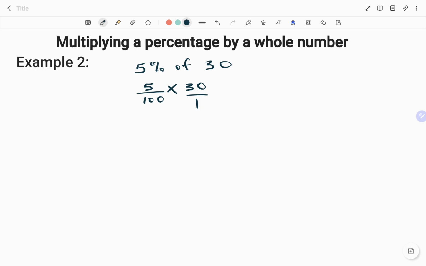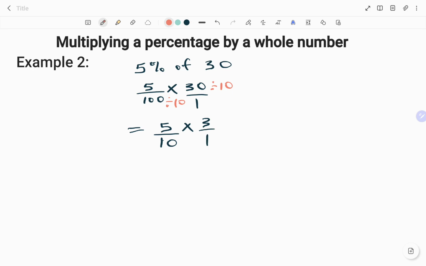Like we did earlier, we are going to look for the same factor that can go in at the top and at the bottom. If we divide 30 by 10 and we divide 100 by 10, we still have a 5 over 100 divided by 10 is 10, and 30 divided by 10 is 3.